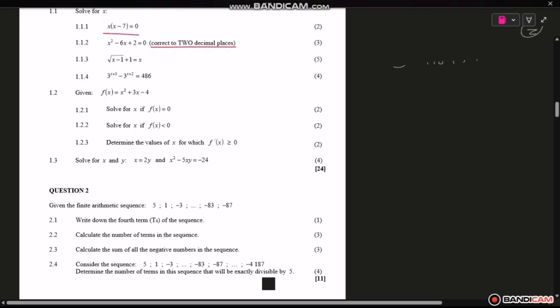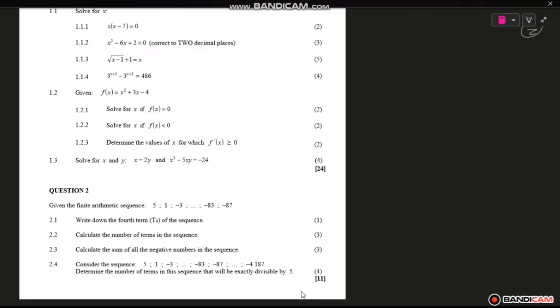Okay, let me show you this way. As you can see, T1 is 5, T2 is 1, T3 is negative 3. And we do have the value of a and the value of d. Therefore, T4 is going to be a plus 3d. I hope you remember this.